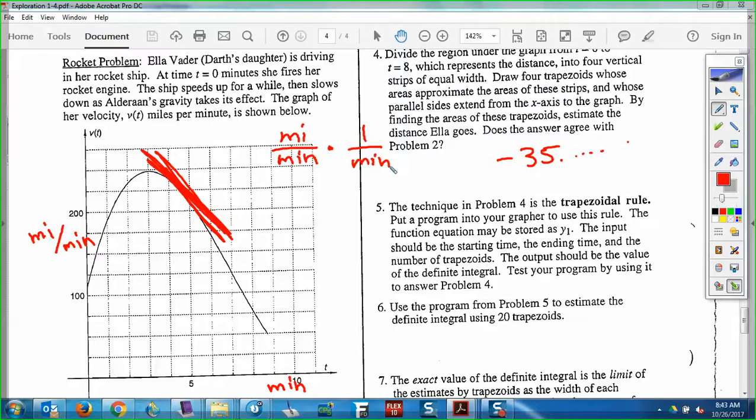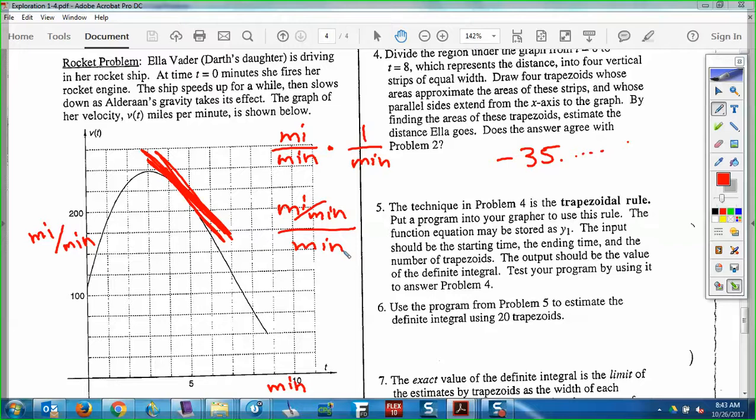Now, I'll be honest, I prefer miles per minute per minute. It's the same thing, because that's more indicative of what's happening. It's the rate of change of your miles per minute. It's the same as miles per minute squared. I'll take either one of those as units, it's fine.